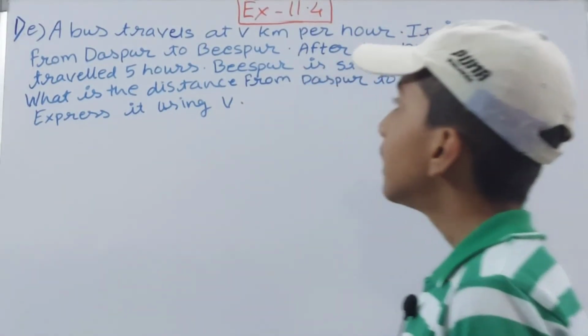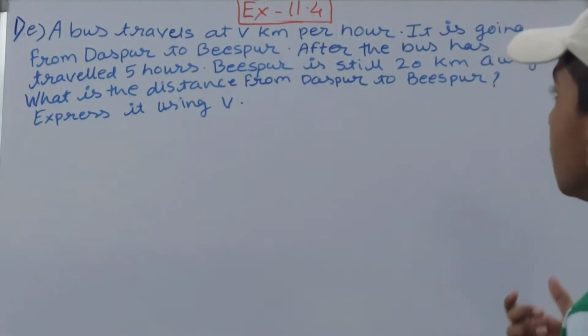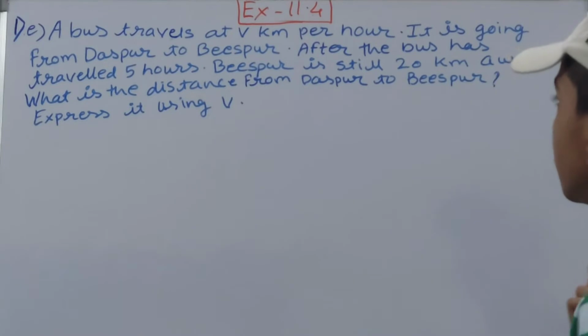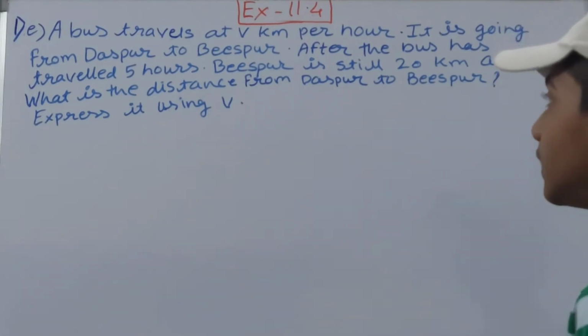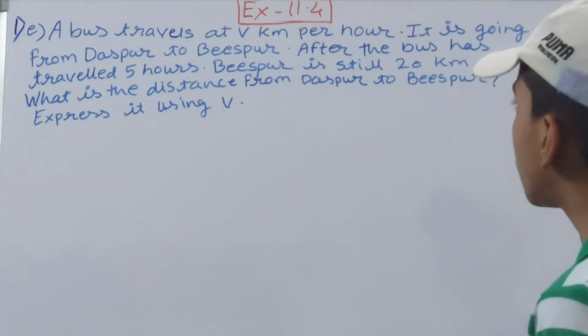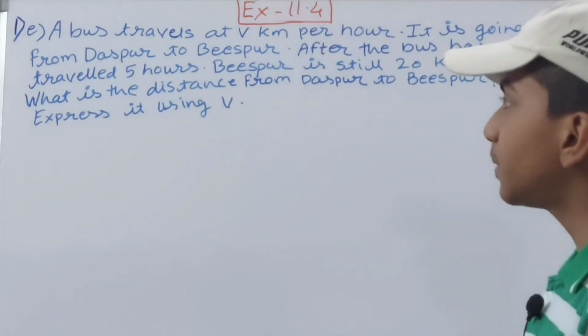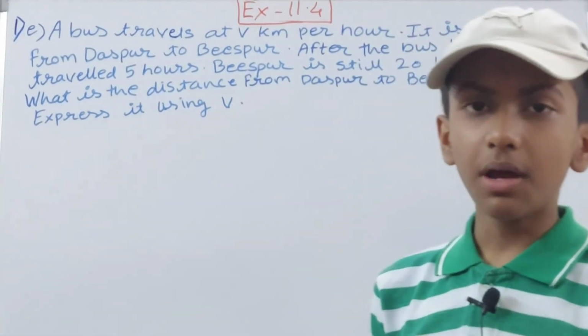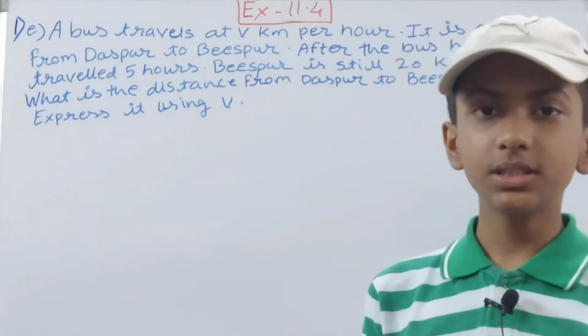This part is a bus travels at v kilometers per hour. It is going from Daspur to Bijpur. After the bus has travelled 5 hours, Bijpur is still 20 kilometers away. What is the distance from Daspur to Bijpur? Express it using V. Now there is a bus. It is travelling at v kilometers per hour, right?